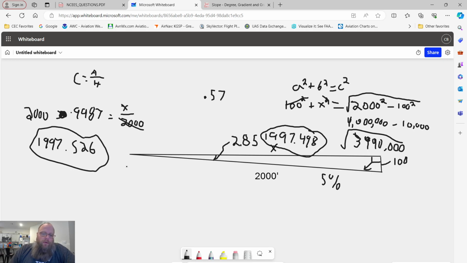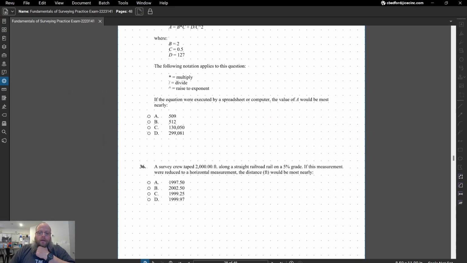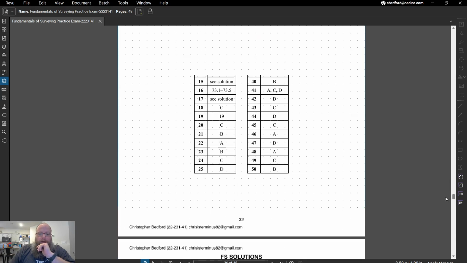You're going to round that up to 0.5. You're going to round that down to 0.5. And I believe that was, yep, there it is. Letter A, 1997.5. Let's see how they tackled that problem.